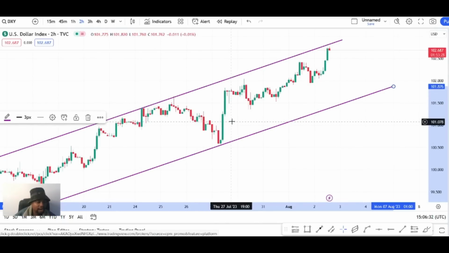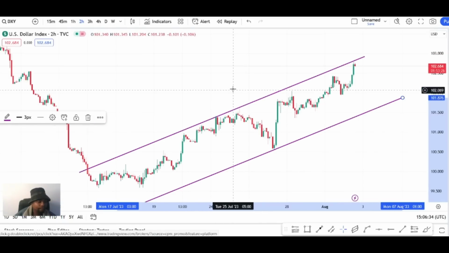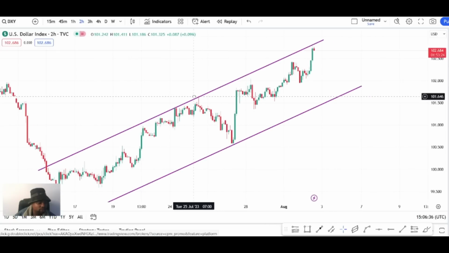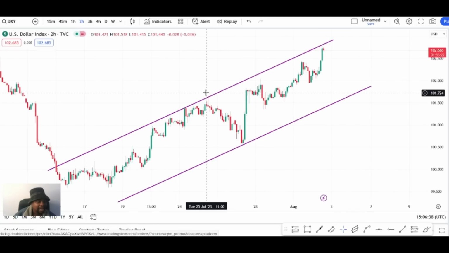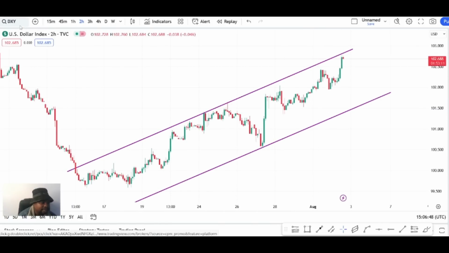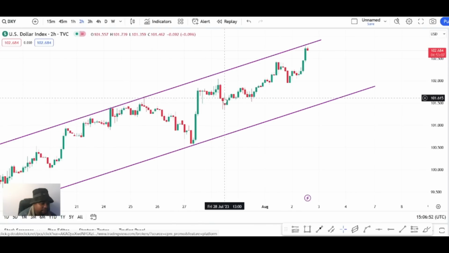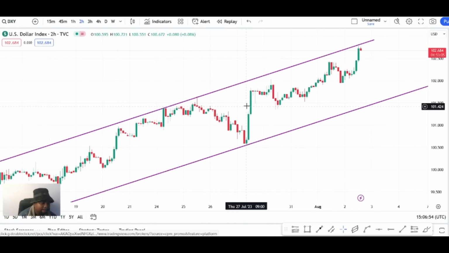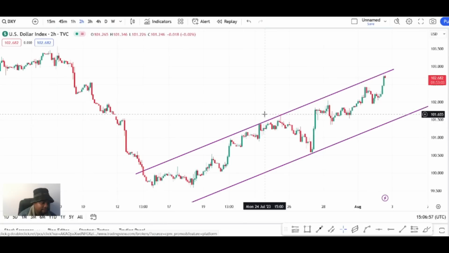That's the reason why I'm always interested in any pair that has the USD, either as a base currency or a quote currency. And we are also lucky to have the DXY, where it's much easier for us to see whether the dollar is stronger at that moment or not.